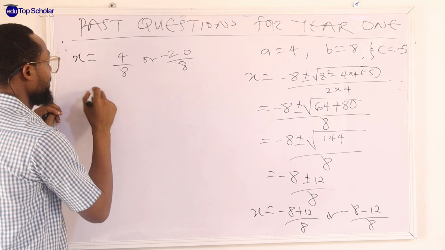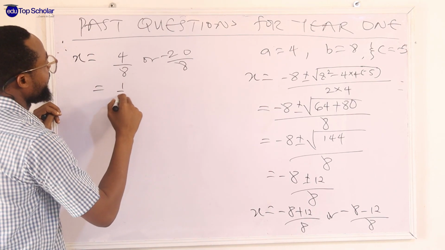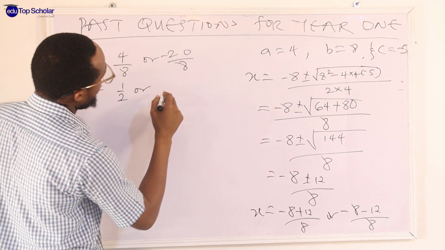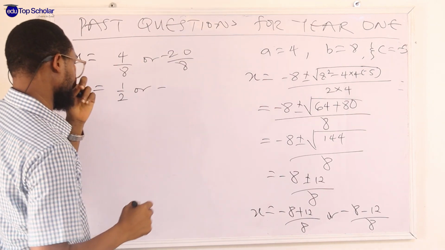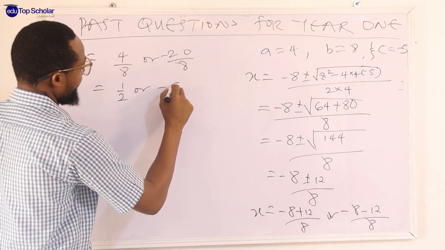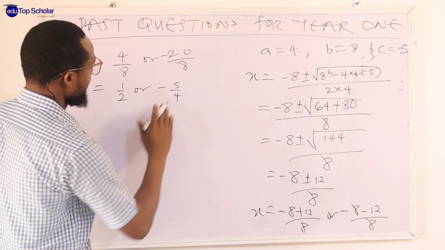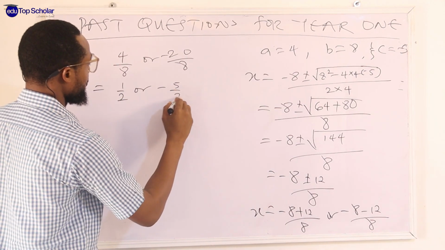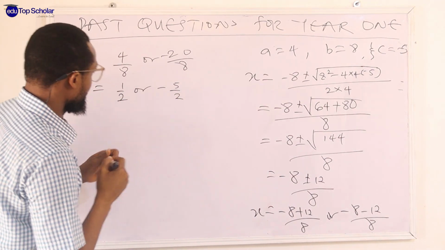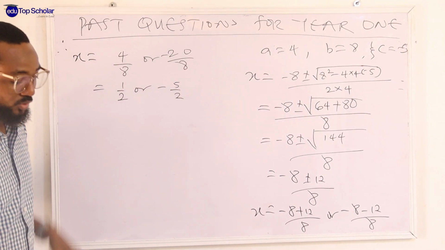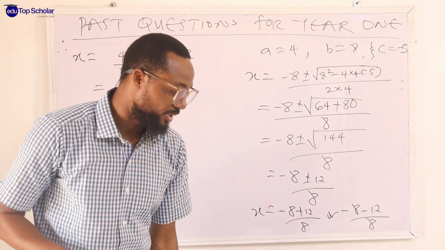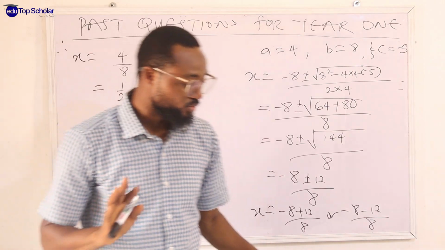And this will be half, or minus 5 over 4. Sorry, minus 5 over 2. This will be the required solution for that question. And by so doing, we have finished 2A.